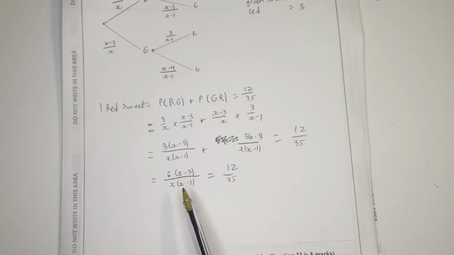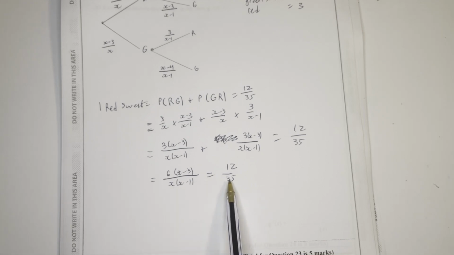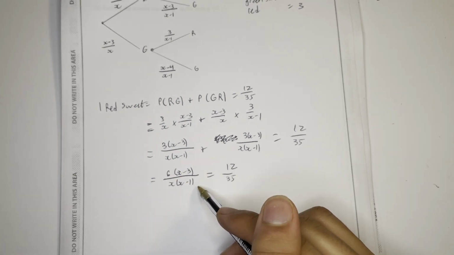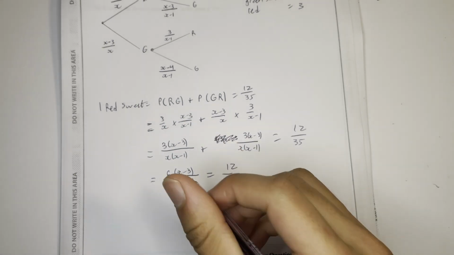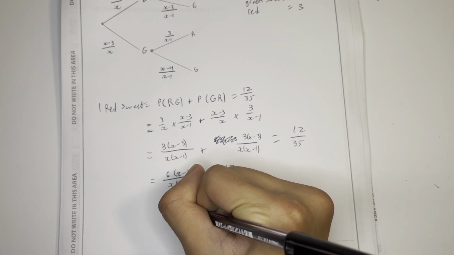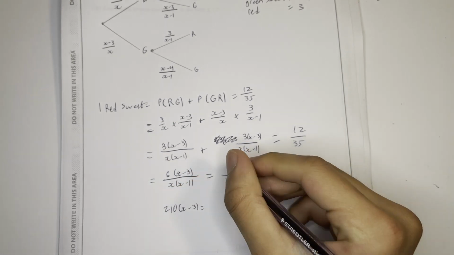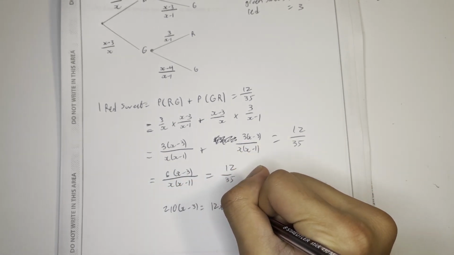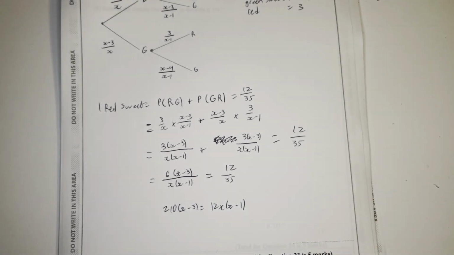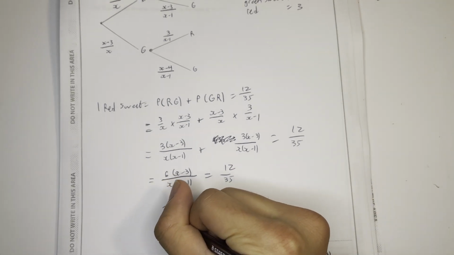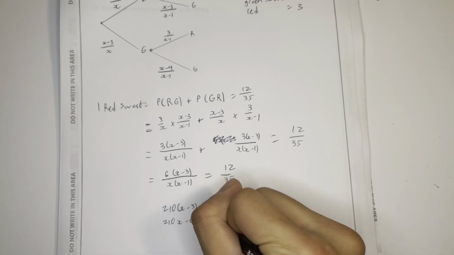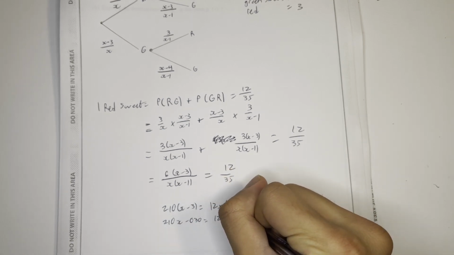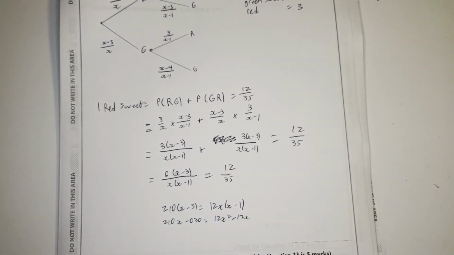Firstly, it would be easiest to cancel the denominators by multiplying both sides by 35 times x minus 1. So removing the denominator, we have 35 times 6, which goes to 210 times x minus 3 on this side, equals 12x times x minus 1. This can be expanded to give us 210x minus 630 equals 12x squared minus 12x.